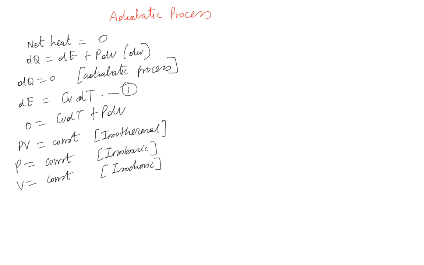So we can use equation 1 to find the equation of state of the system. Now we see it involves T, it involves P, it involves V, and we want this equation in terms of P and V. So to do that, we know that for any process, PV is nRT. That always holds true for an ideal gas.